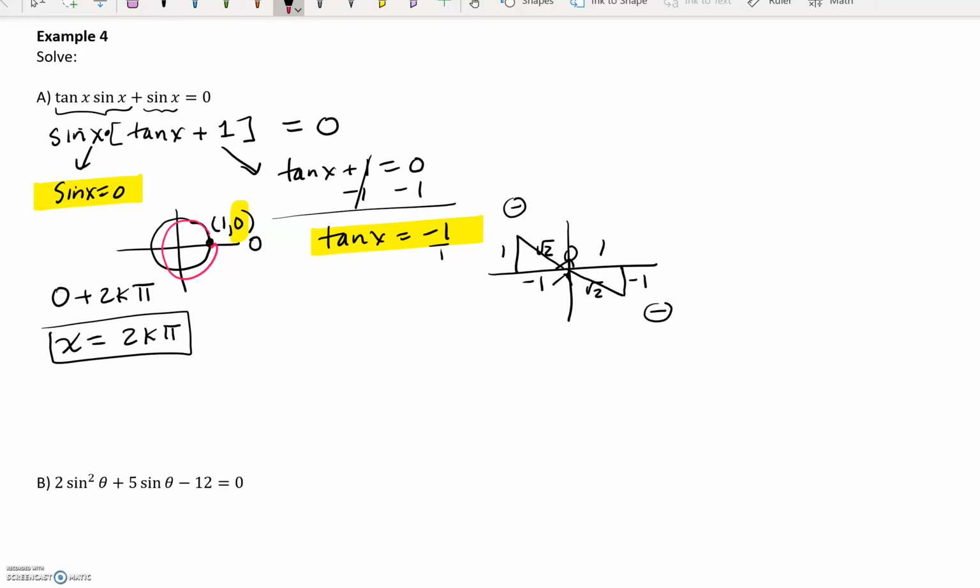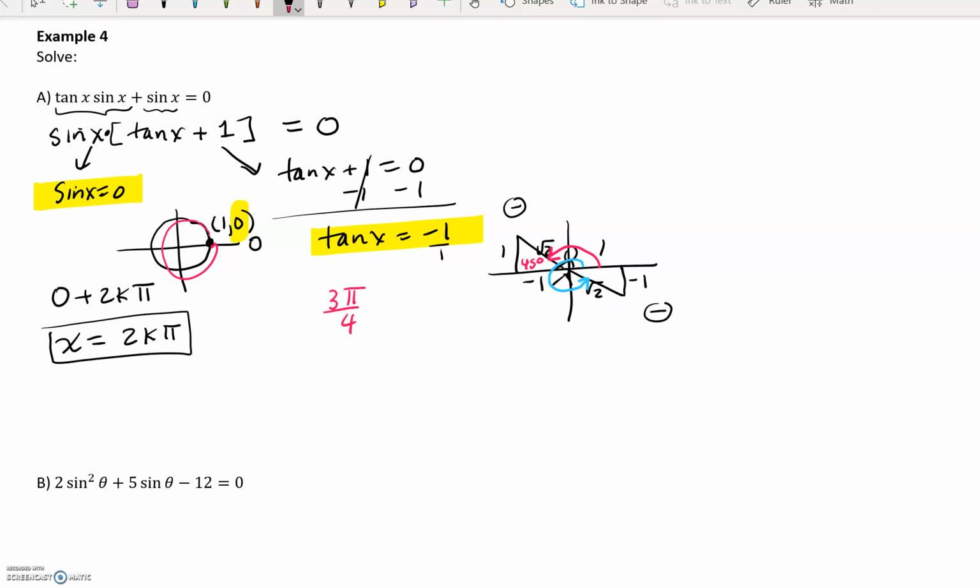So I have one answer that has a reference angle of 45 degrees, and another answer also with a reference angle of 45 degrees. If I want to go in the positive sense, I don't have to. I can go in the negative sense and get negative pi over 4 as one of my answers if I want to. Based on the way I've drawn it, it's 45 degrees short of 180, so 135 degrees, or 3 pi over 4.